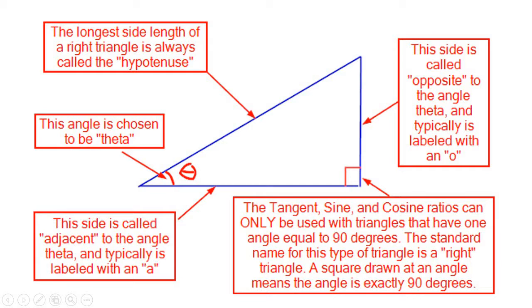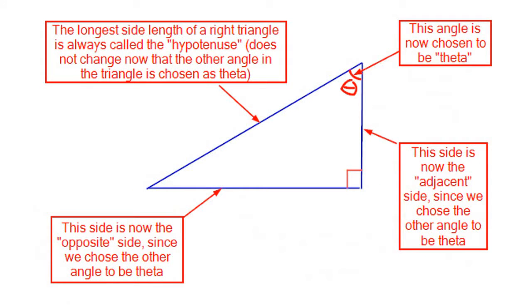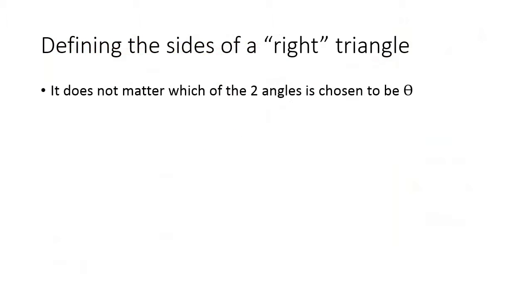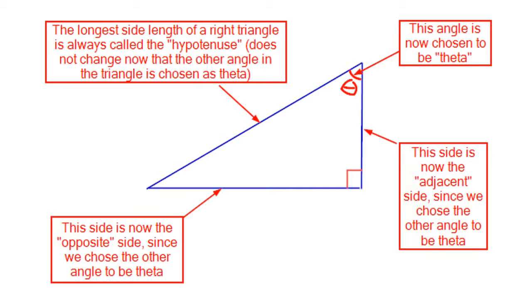To help me remember that, I like to think of myself sitting in that corner where theta is and then looking out into the center of the triangle, and the side that you look out at is the opposite side. On this slide now, the only thing I've changed is labeling this angle now as theta.